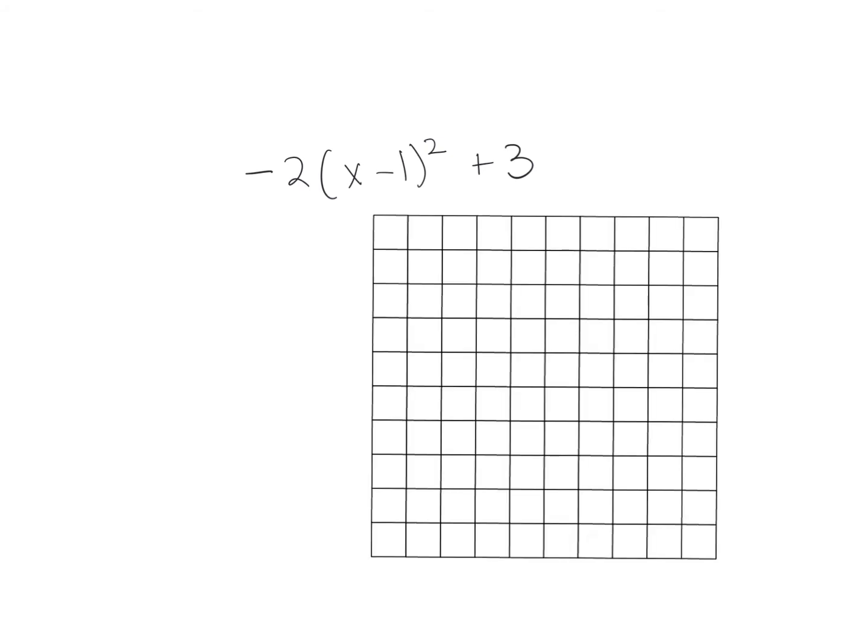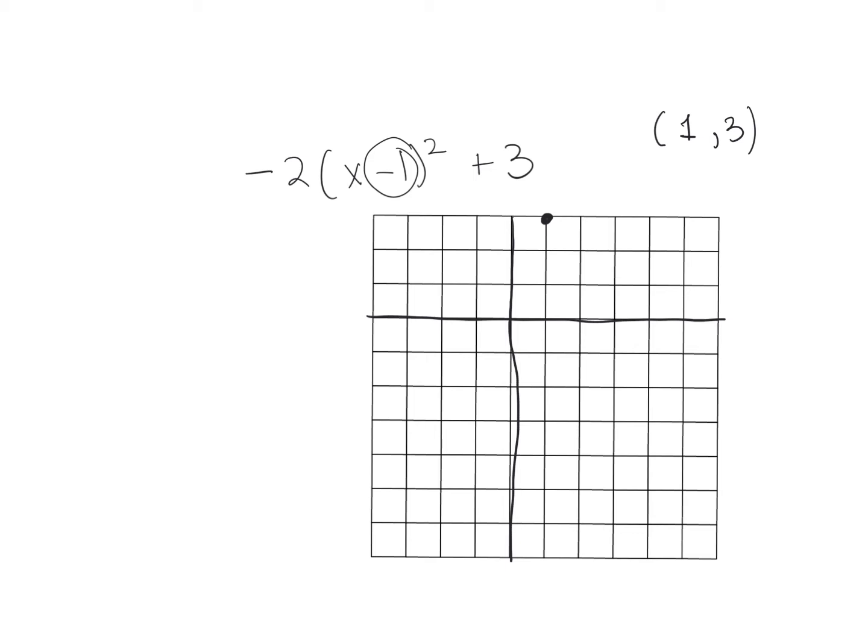As I start graphing this, we know my vertex is going to be 1, 3, the opposite of this and this, right? So I'm going to go over 1, up 3. There's my vertex.